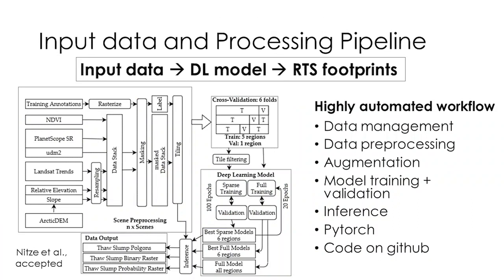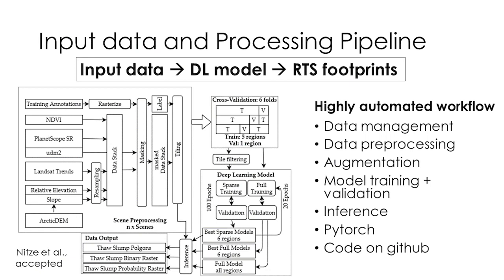Based on the successful application of these image analysis workflows and algorithms, we set up a data processing pipeline which uses remote sensing input data and creates a deep learning model, which outputs retrogressive thaw slump footprints, to have that automated and to analyze the data in the background.